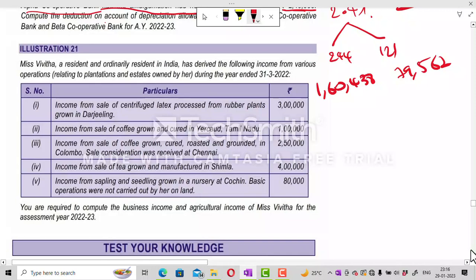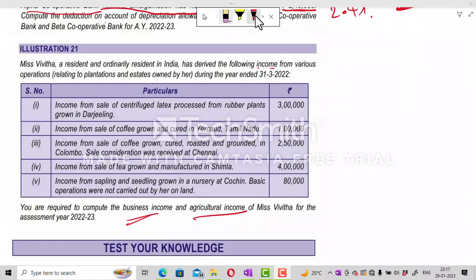And the next question, last question here. Miss Vivita, a resident and ordinarily resident in India, has derived the following income from various operations relating to plantations and estates owned by her during the year ended 31/3/22. This is the question relating to agriculture income and business income. We have to compute both of them.